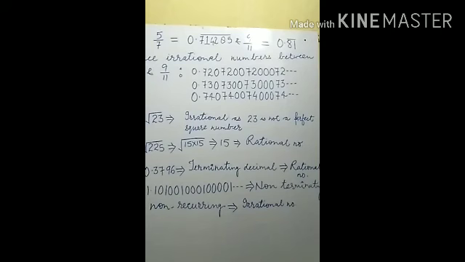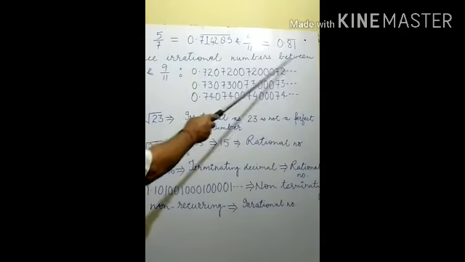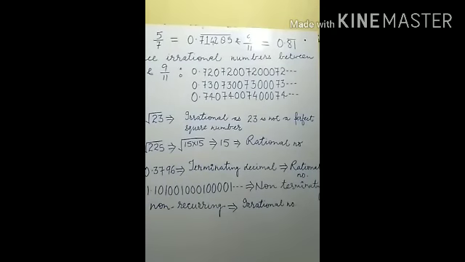Non-terminating, non-recurring decimal, and that will be irrational numbers. So convert rational numbers into decimal form and create a pattern in such a way that it is non-terminating, and secondly nothing is repeated. Such type of combination can be formed here. You can write infinite number of such solutions, but you are required only 3. So we have noted down only 3. So you may note down either this example or an example of your own.